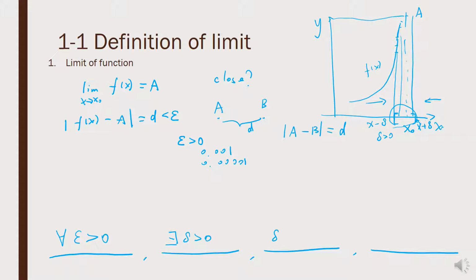So the distance |x minus x0| smaller than delta means there's always a small enough neighborhood to satisfy such condition, which is given by |f(x) minus a|, the distance between f(x) and a, smaller than epsilon. Yeah, so that's the definition, by words.